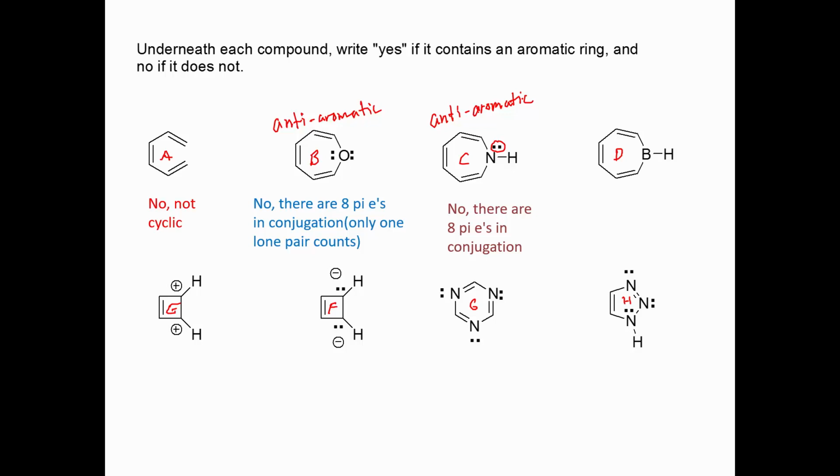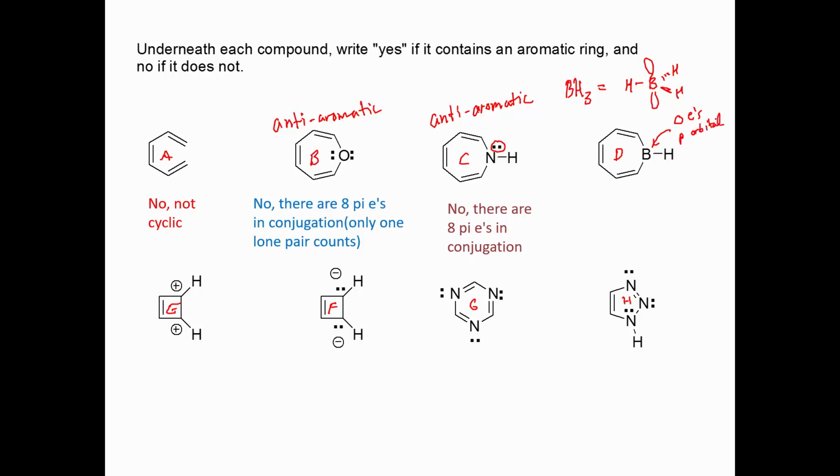Well, recall that BH3 is isoelectronic with a carbocation. It has an empty p orbital. So this boron here has 0 electrons in a p orbital.